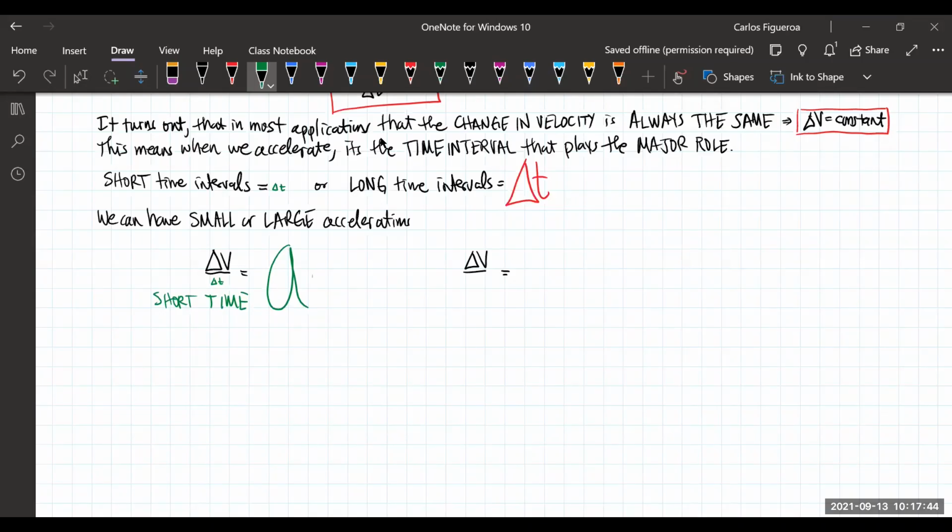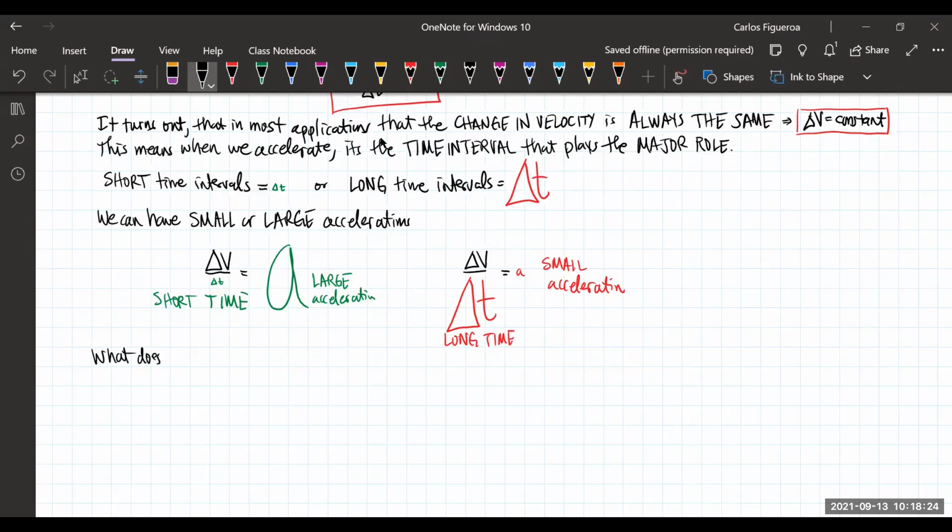So this will give you a large acceleration. However, if I have a long time interval, I'm going to have a tiny acceleration. So this will be a small acceleration.